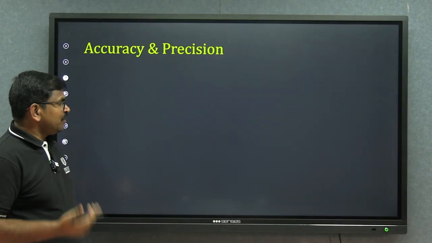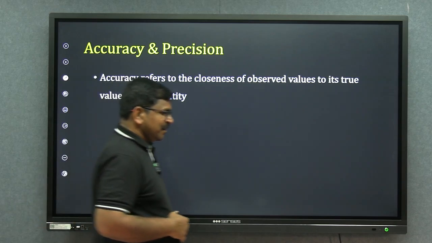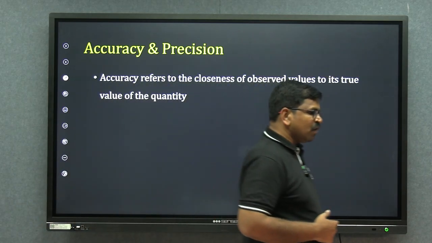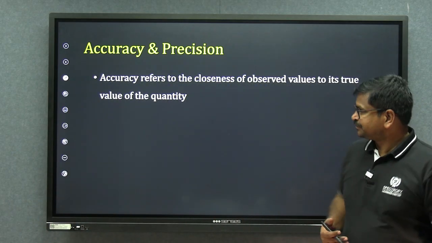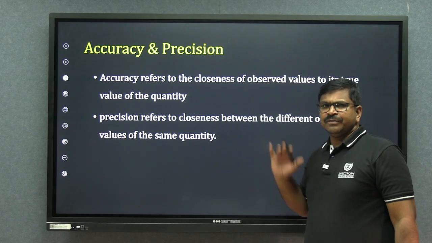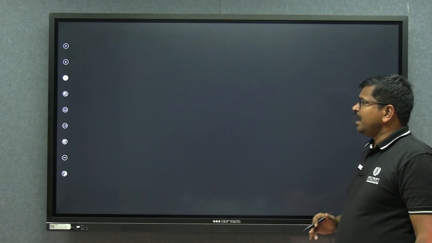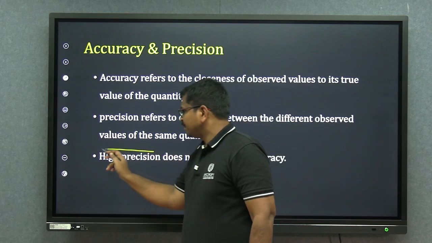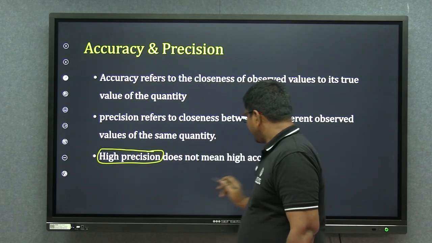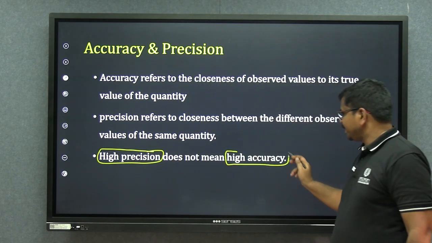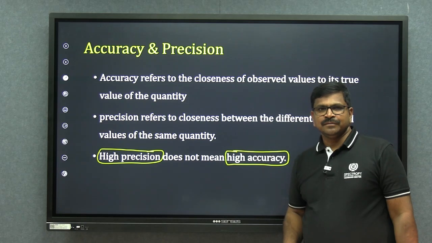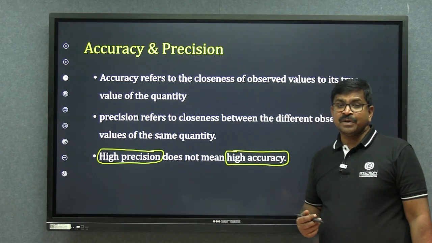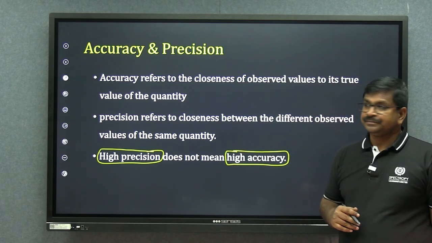Let us see how the questions will be and how to handle them. It is the general definition of accuracy and precision. And here a very important thing is that high precision doesn't mean high accuracy. Be careful here. The instrument might be high precision, but sometimes it may not be accurate.